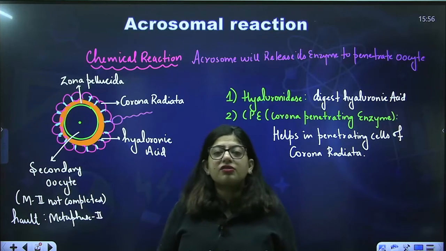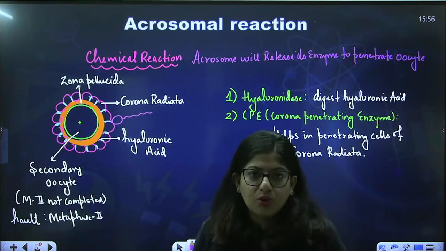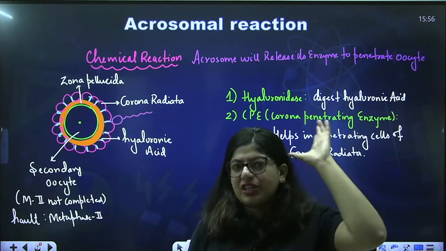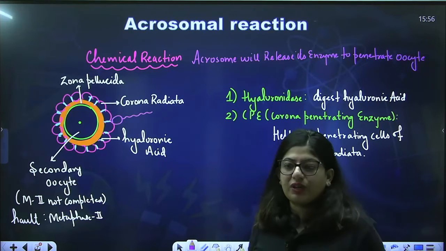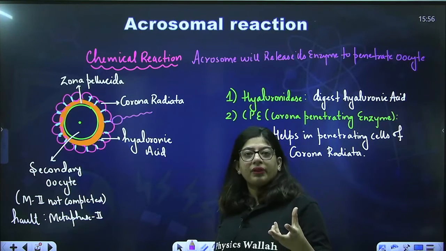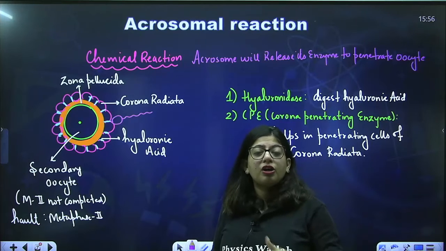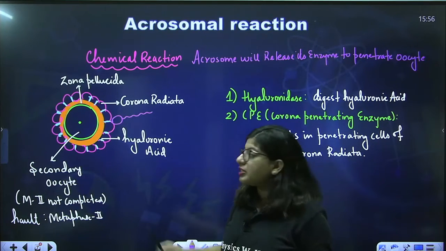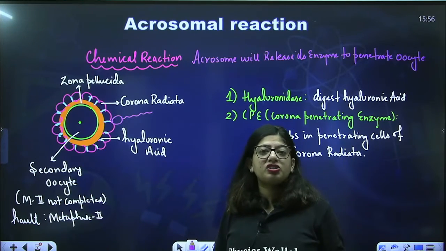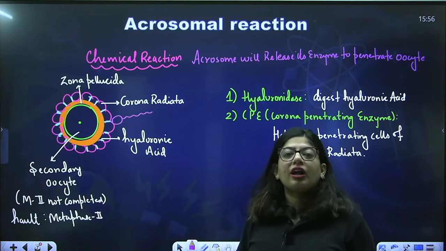As soon as it reaches the zona pellucida, it is not that easy to go further. First of all, you have to exchange the password. Why is there a password? Because we want the human sperm to only penetrate the human oocyte. If the sperm is of another species, of another animal, the zona pellucida will not allow it to enter.